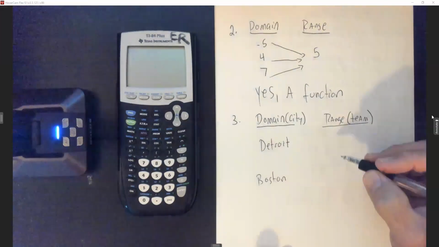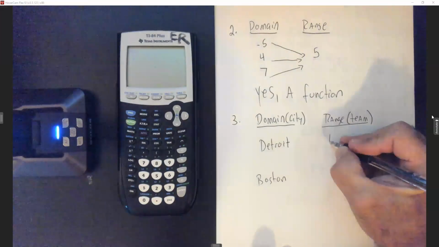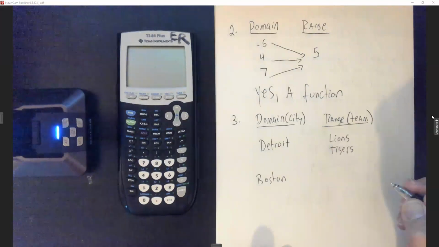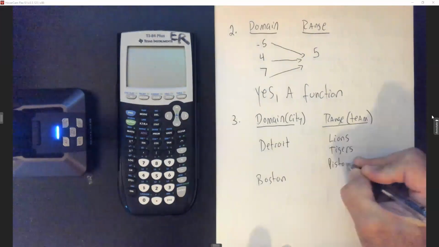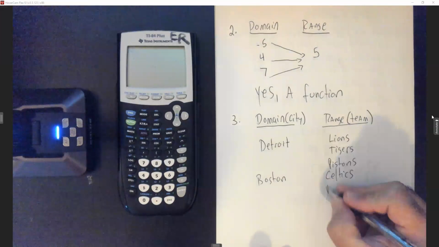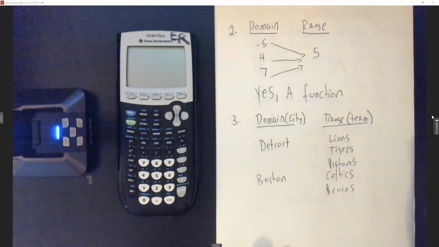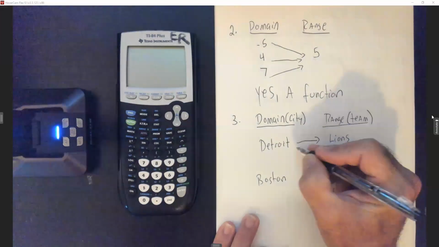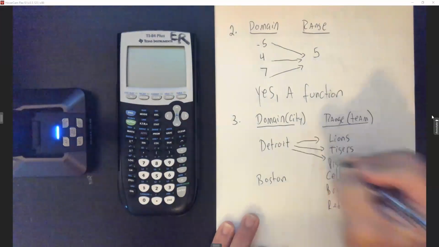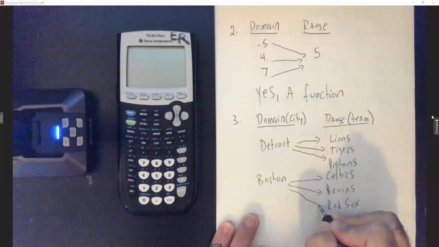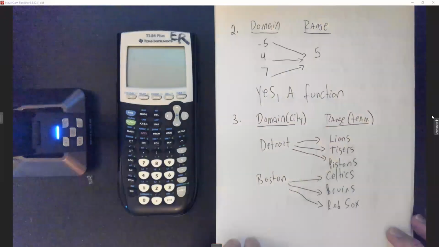The teams are Lions, Tigers, Pistons, Celtics, Bruins, and Red Sox. So Detroit points to the 3 top teams. Boston points to the 3 lower teams. So, is that a function?